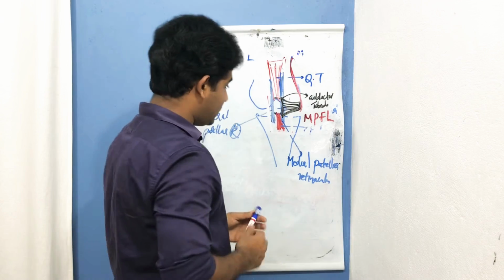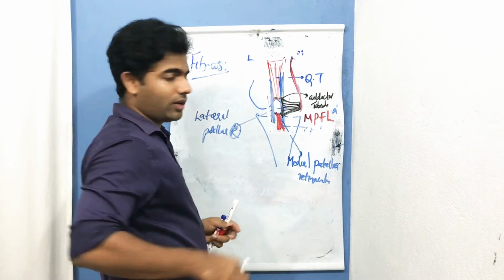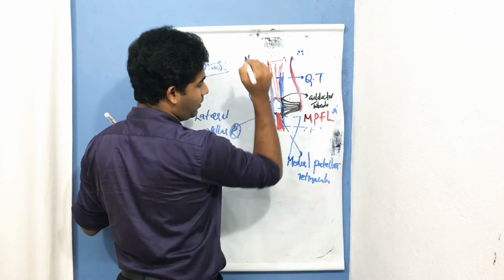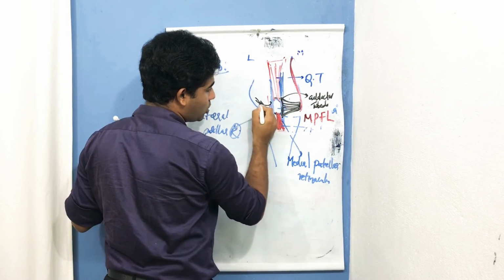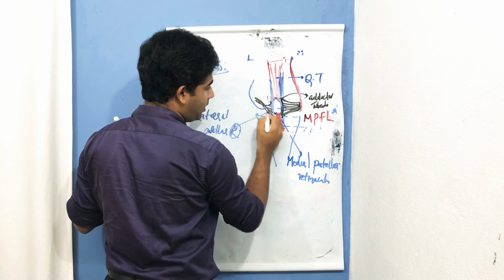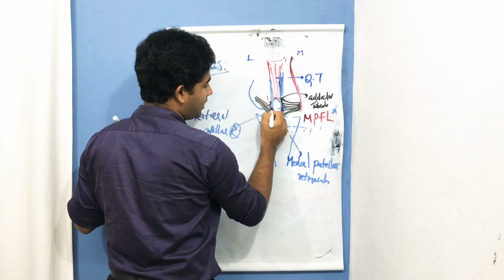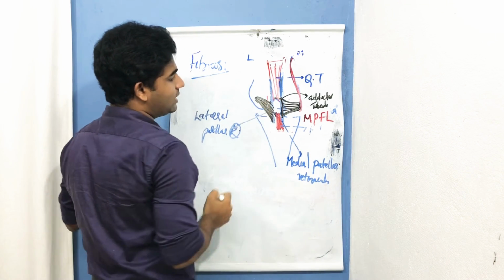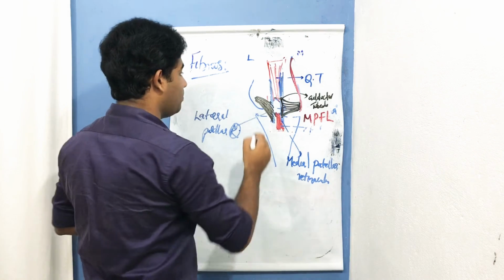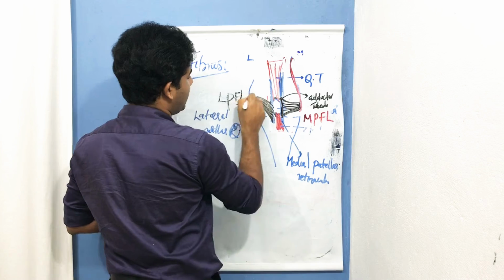And similarly, you have the same structure on the lateral side. On the lateral side you have the lateral patellar retinaculum. This lateral patellar retinaculum also shows a thickening, and that thickening is attached to the IT band. It is a little oblique, not completely horizontal, and that structure is known as the lateral patellofemoral ligament.